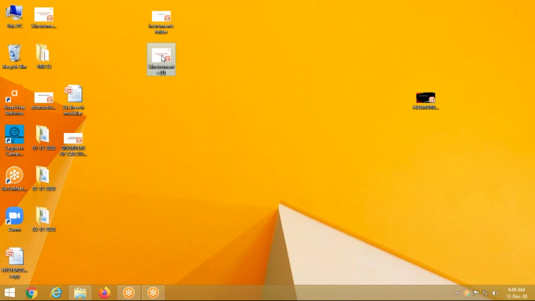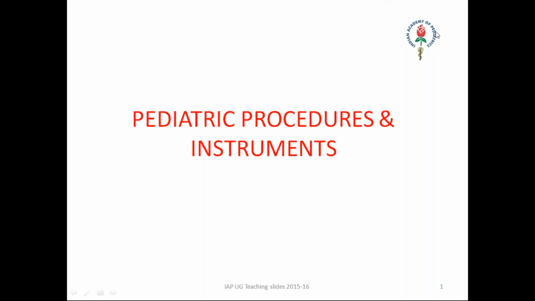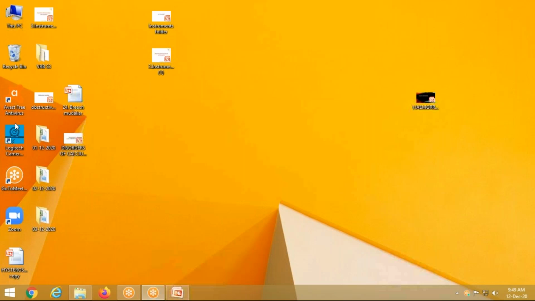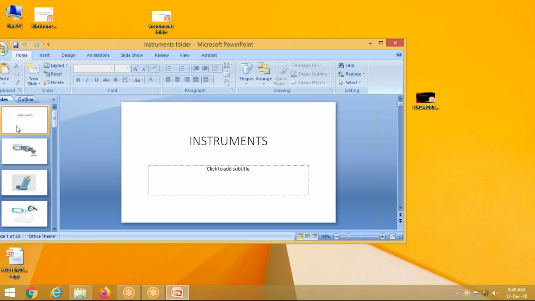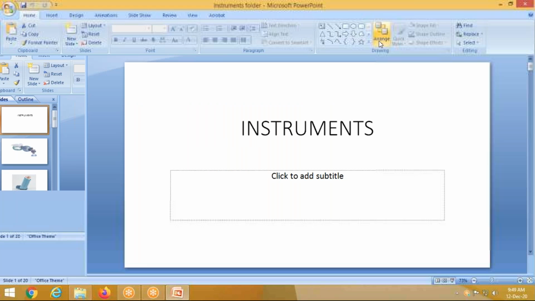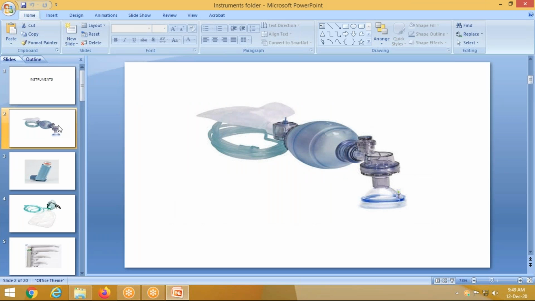So I want to show other instruments also which we are using. The second slide is showing a bag and mask with an oxygen reservoir.